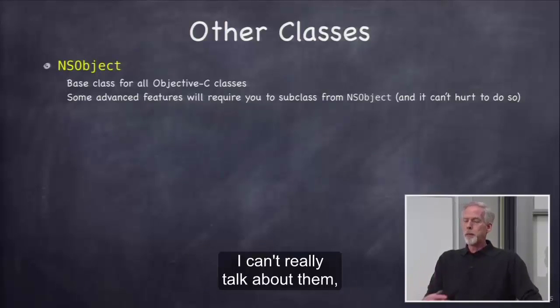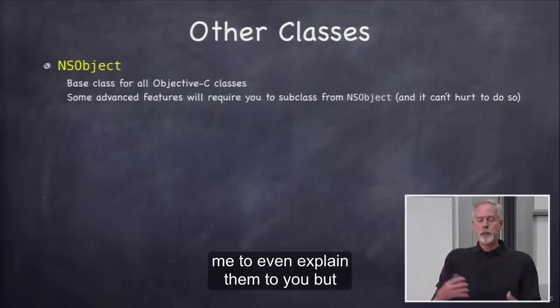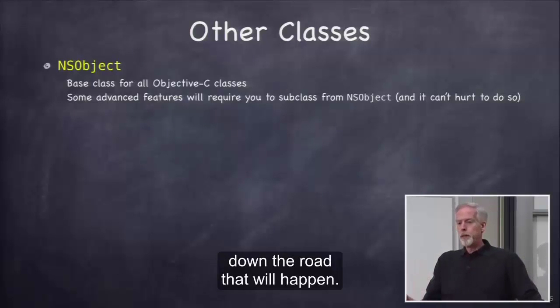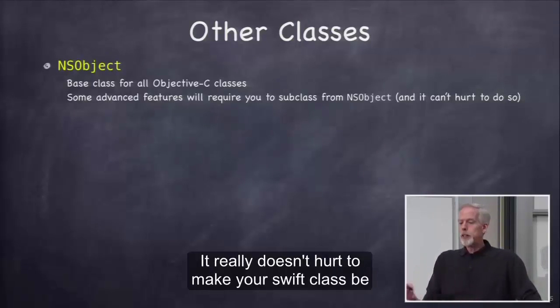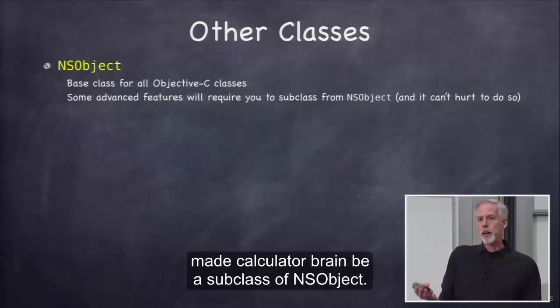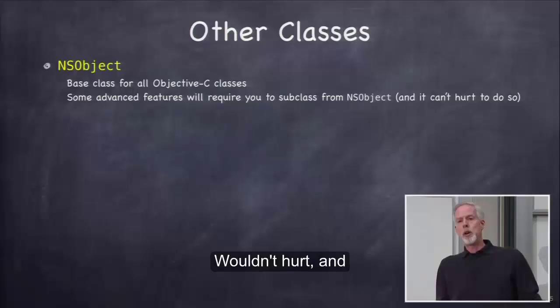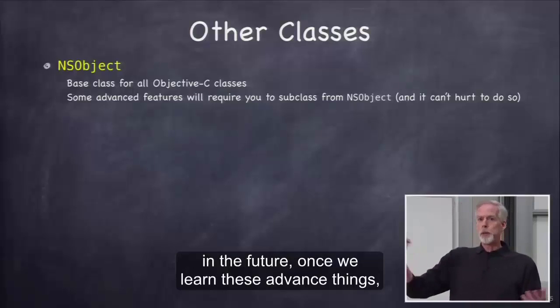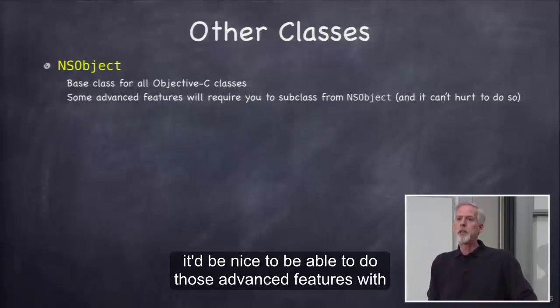I can't really talk about them because there are other things you need to know for me to even explain them to you, but down the road that will happen. It really doesn't hurt to make your Swift class a subclass of NSObject, so we could have made calculator brain a subclass of NSObject. It wouldn't have hurt, and in the future, once we learn these advanced things, it'd be nice to be able to do those advanced features with calculator brain.